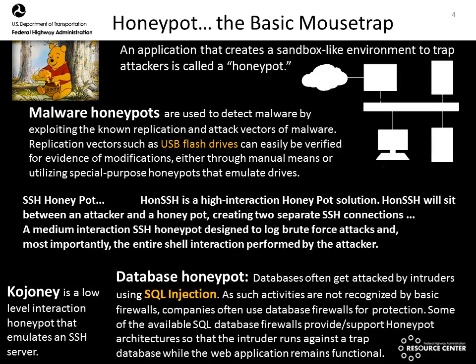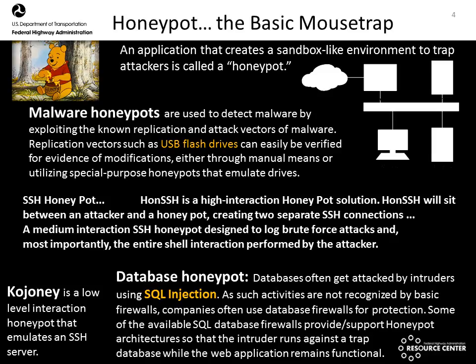Another type is called a database honeypot. Databases often get attacked by intruders using what is called SQL injection. As such activities are not recognized by basic firewalls, companies often use database firewalls for protection.